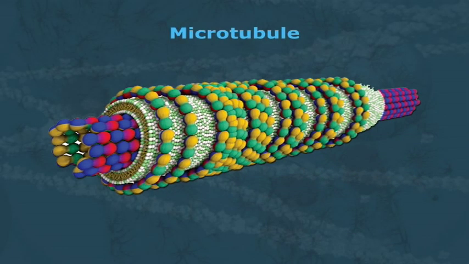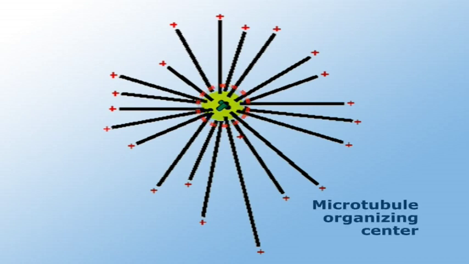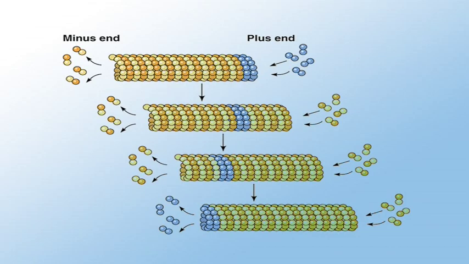Here, formation of microtubules. Tubulin dimers can depolymerize as well as polymerize, and microtubules can undergo rapid cycles of assembly and disassembly. Microtubule polymerization occurs at plus end and depolymerization occurs at minus end.